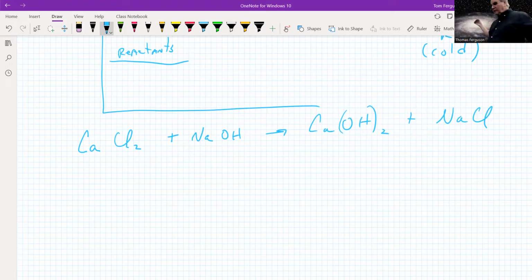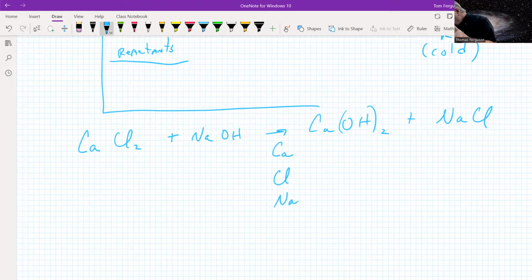Okay, so how do we know if it's balanced or not? The first thing we're going to do is take an inventory. We've got calcium, chlorides, sodiums, oxygens, and hydrogens. All right, so how many calciums are on the left? 1. How many calciums are on the right? 1.